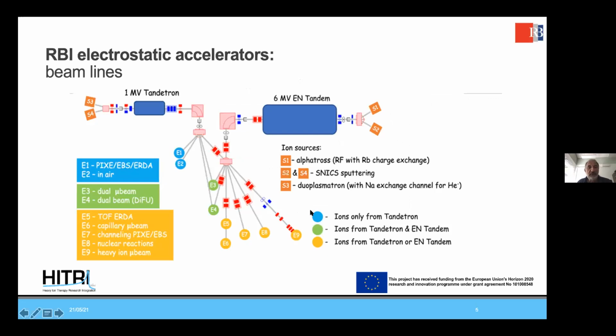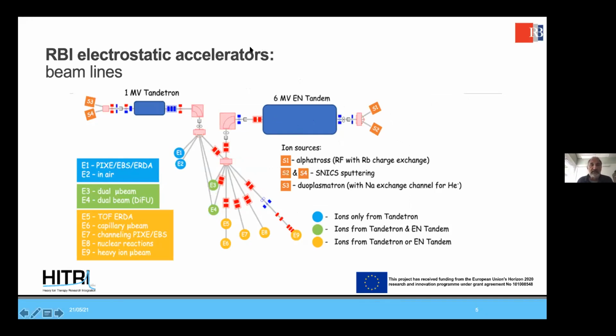So this is the layout of the laboratory as it is now in Zagreb, these two accelerators, a larger one and a smaller one, and there are many different beam lines. From each of the accelerators, you can deliver the beam to almost any of the chambers, and we even have two chambers where we can simultaneously put two beams inside, which is a pretty good advantage of our system.